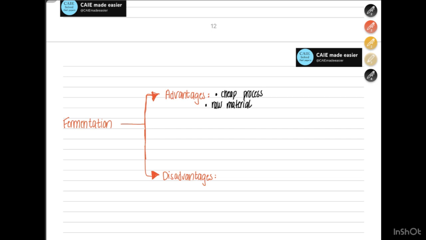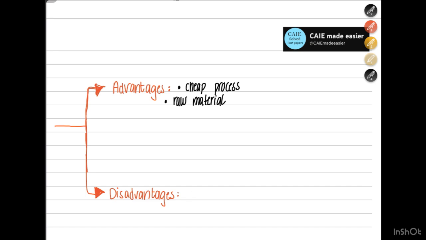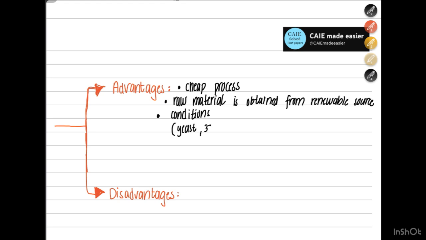Glucose is present in huge quantities all around us. Another advantage is that conditions are easily maintained. Conditions are only yeast and 37 degrees Celsius. Yeast and 37 degrees Celsius temperature are easy and cheap to meet, right?